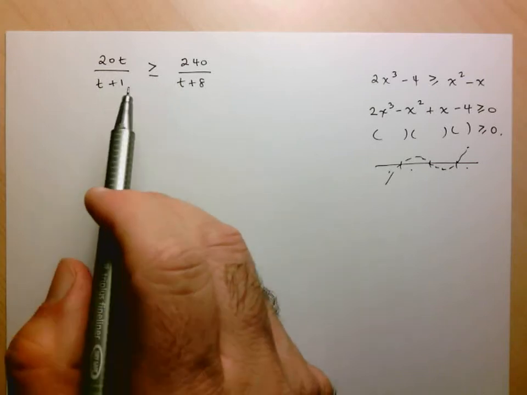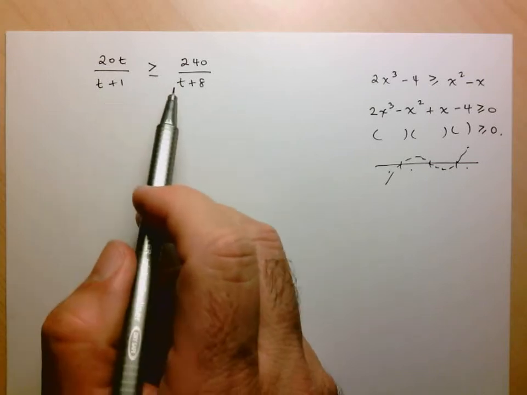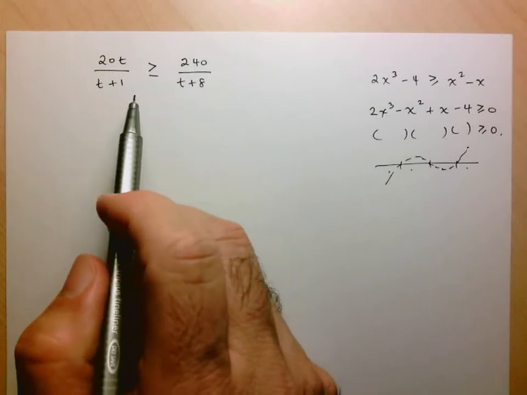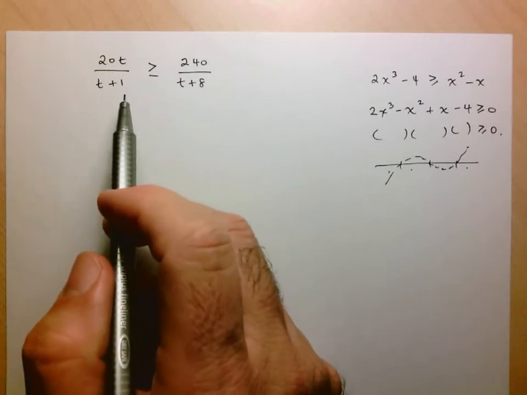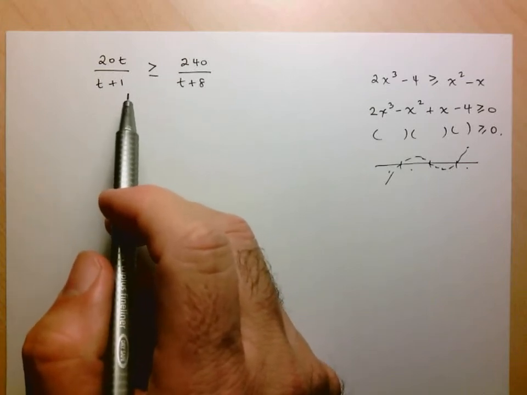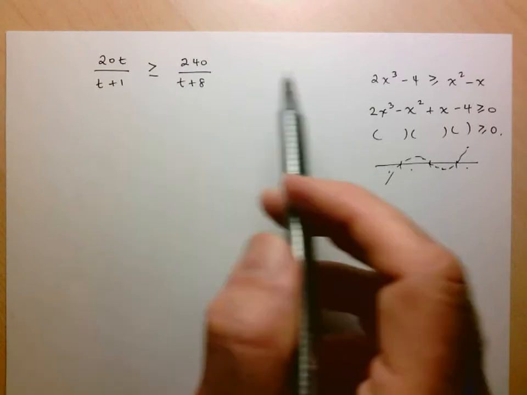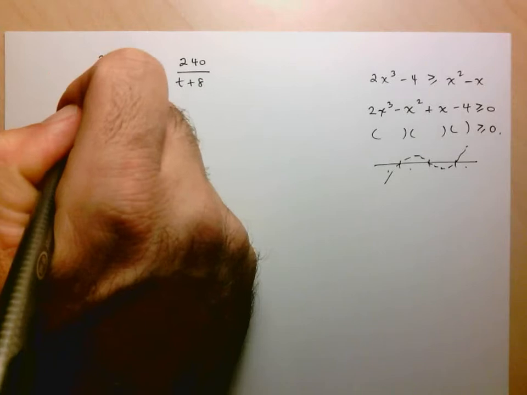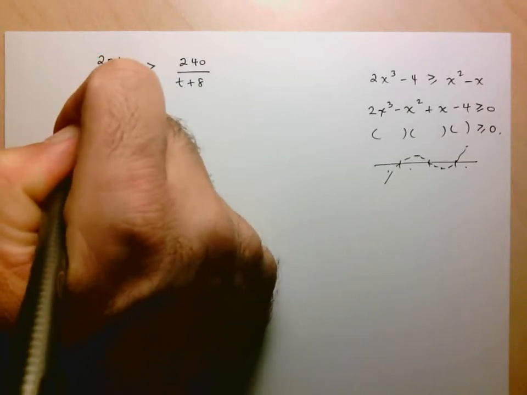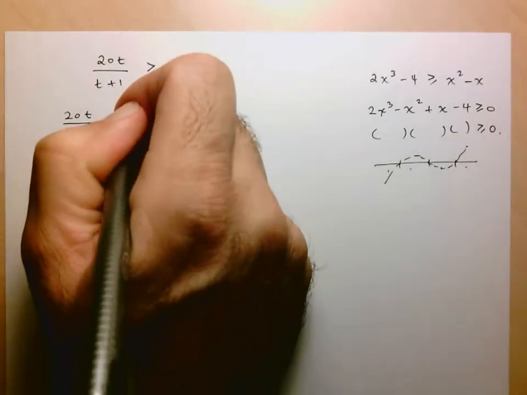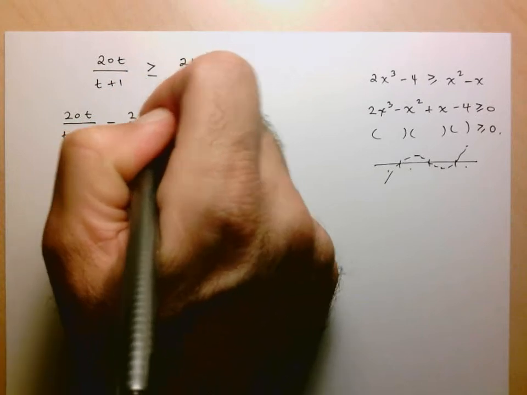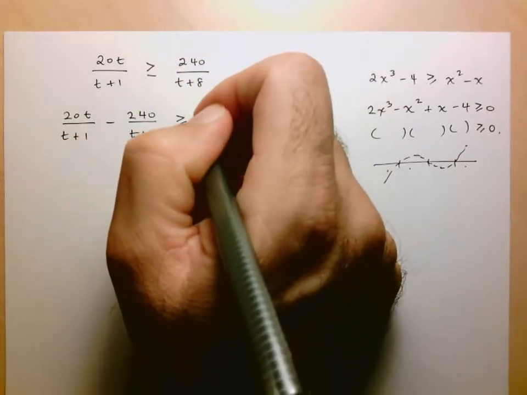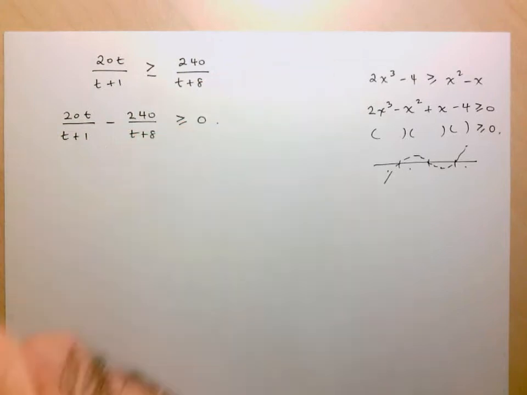But let's remember that we had an alternative method for solving rational equations, which I think is now going to come in handy. The idea here is not to multiply any variable terms to each side of the equation, but do something similar to what we did with polynomials, which is bring everything to one side of the equation and write that side as a single rational expression, and then have that greater than or less than, or in this case greater than or equal to 0.